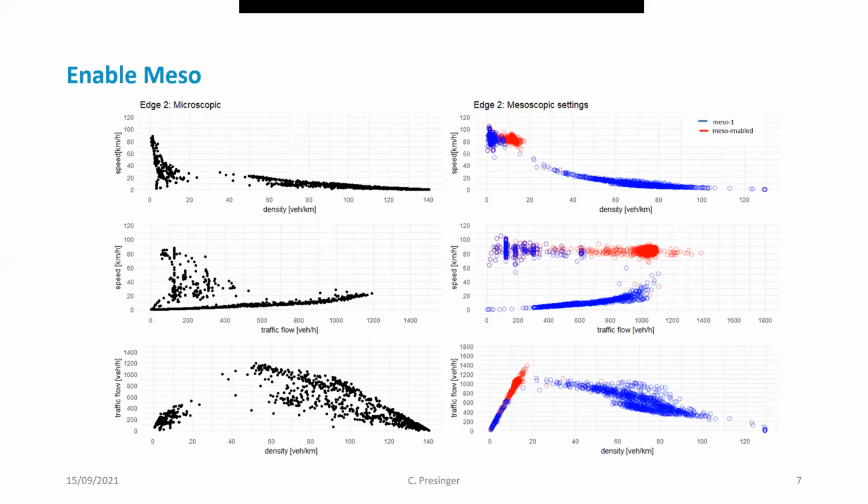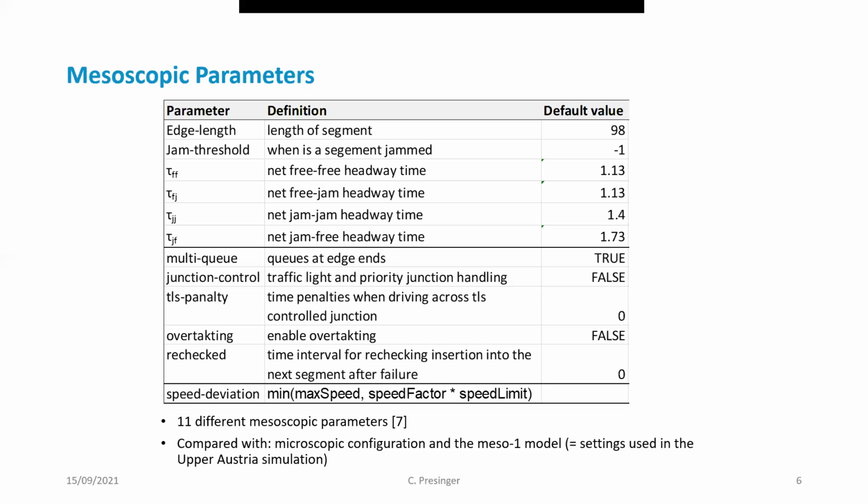On the left side, you can see the microscopic output, and on the right side, you can see in blue the Meso-1, which means the default values with some additional enabled mesoscopic settings, and the Meso enabled. This means I only enabled Meso, with these default values.